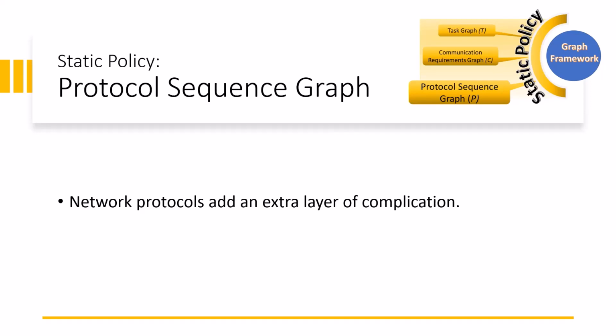For sure, yes. The protocol sequence graph is part of our static policy. With the static policy, what we are expecting as input is that an expert will have to come and define this graph. Based on the application that we have, we will know precisely what needs to happen. Like you said very nicely, the sizes are specified.